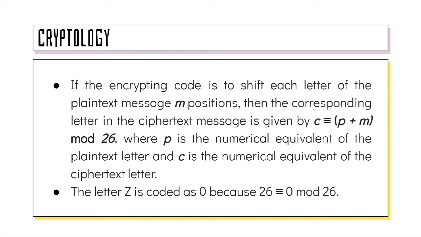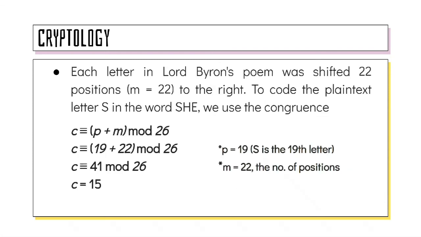M is the number of positions the letter is shifted. And as I said earlier, class, Z is coded as 0 because if we divide 26 by 26, the answer is the whole number 1. There is no remainder, so it is congruent to 0 mod 26. Okay. Now, we have an example.